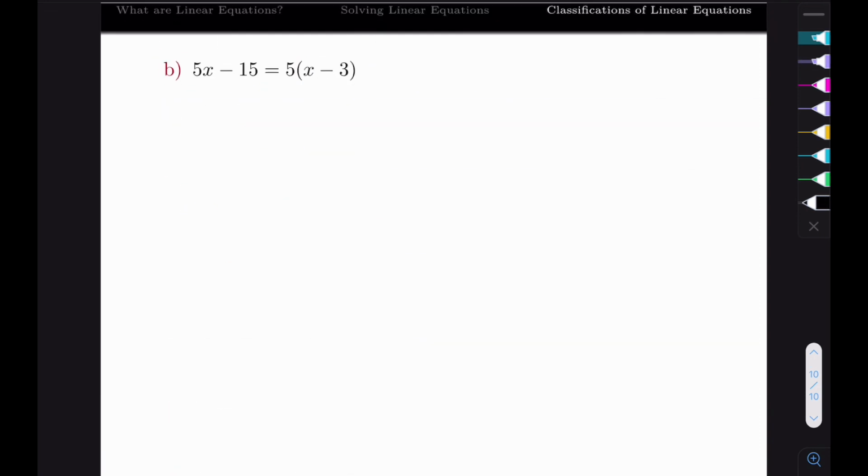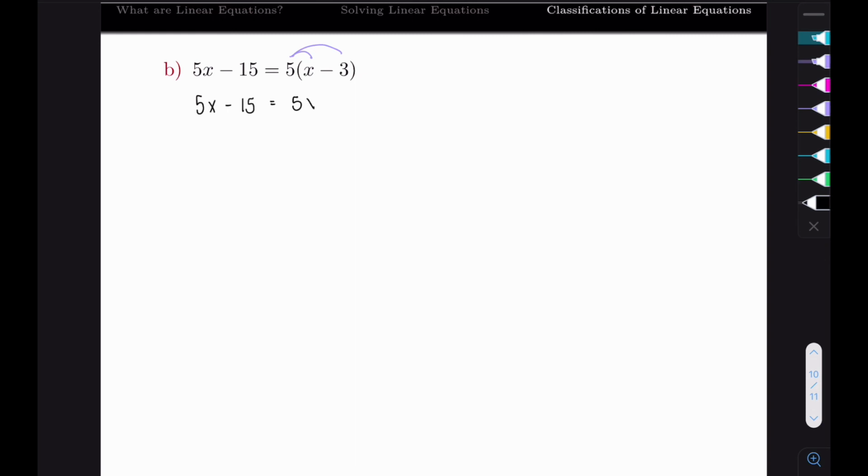In our last example, instead of ending up with something that's always false, we're going to get something that's an always true statement. So we're going to look at almost an identical example, but we're changing this to a -3. So we still want to distribute the 5 to both pieces. That gives us 5x minus 15.